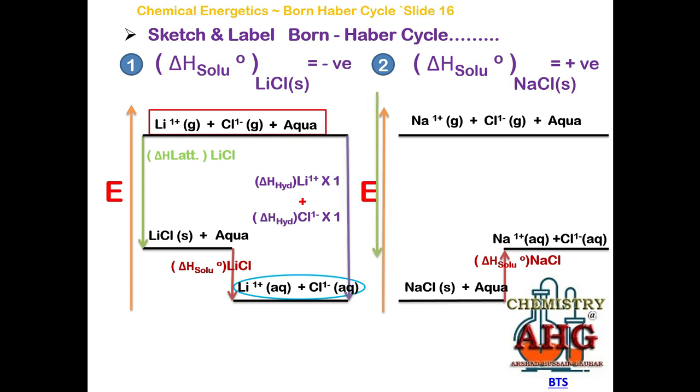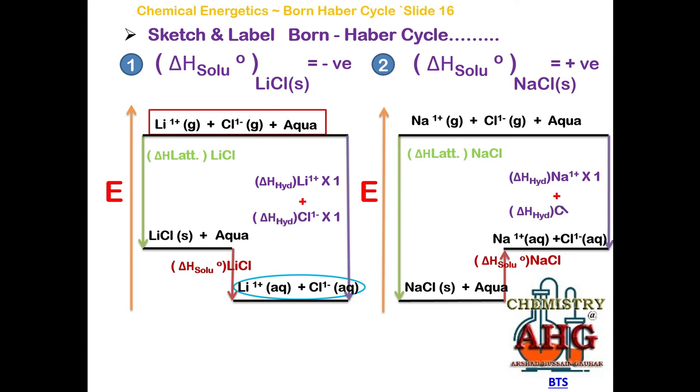This arrow is the conversion of gaseous ions into a solid ionic lattice, and this arrow is converting gaseous ions into hydrated ions. So what does this mean? The green arrow represents the lattice enthalpy, and the purple arrow represents the hydration enthalpy of sodium ion times 1 plus hydration enthalpy of chloride ion times 1. I hope you have done it correctly.